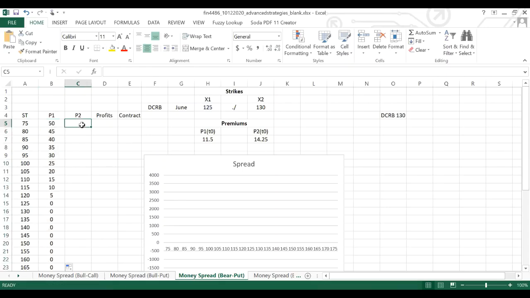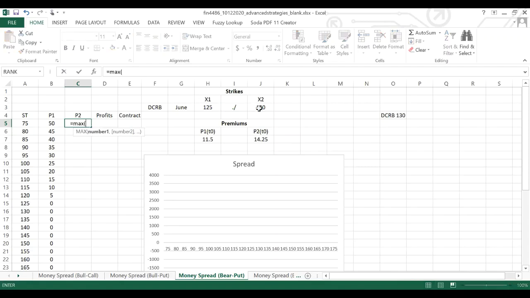Now let's calculate the intrinsic value of this put option 2, P2, which has a strike X2, which is the high strike price. So it is max of strike, we lock this cell, minus the stock price, or 0. I lost this, so let me do this again.